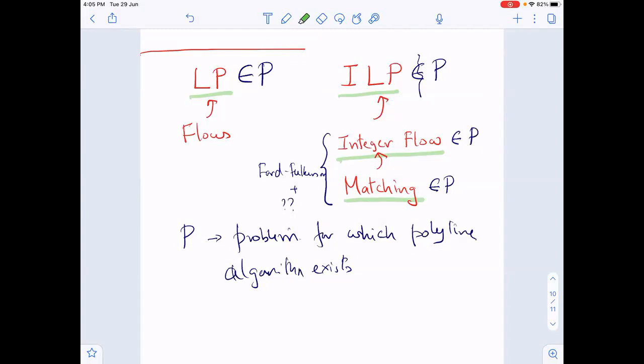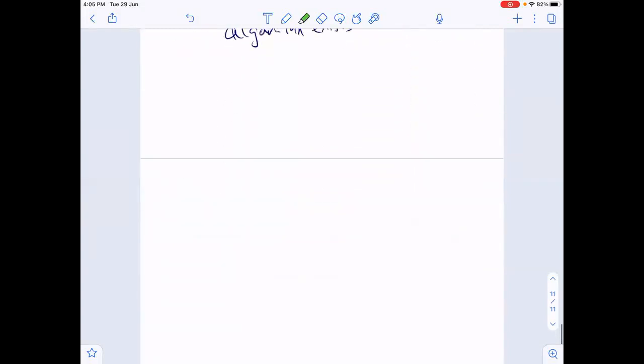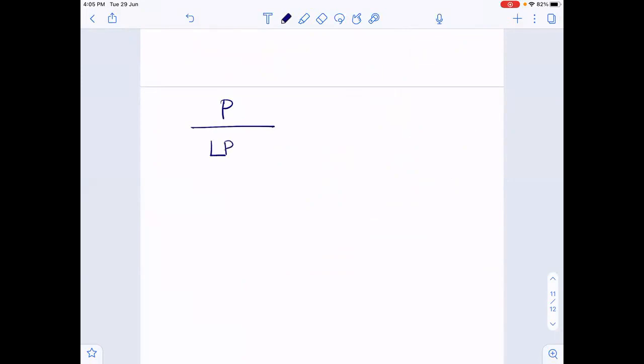So now I can say that if I have to list the problems in P, what all problems are there? There is LP, there is matching, and there is integer flow. Of course, you can say flow is basically LP, and flow is also a special case of integer flow, so it's fine.